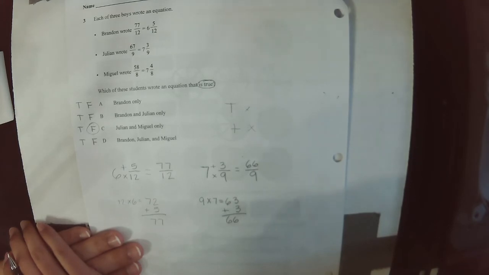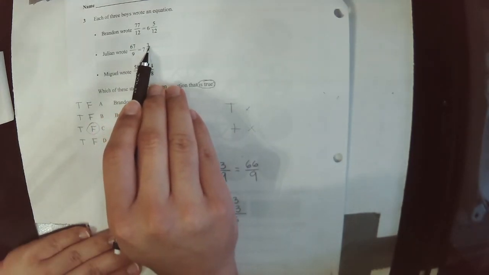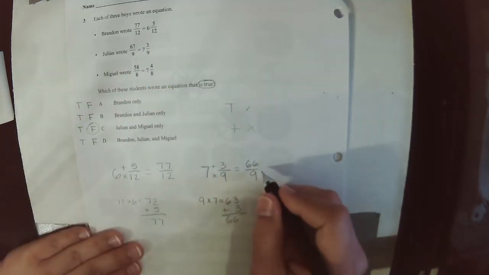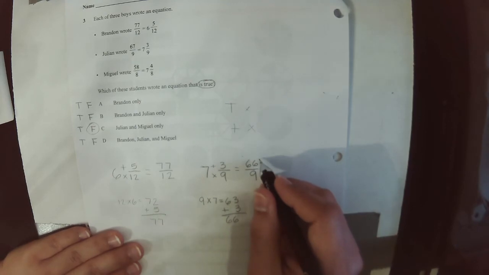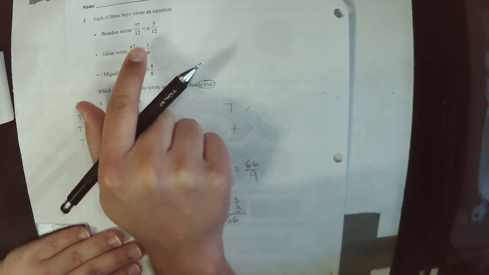Okay, let's see if Julian was right. 67 out of 9 equals 7 and 3 out of 9. We did not get 67. We got 66. So Julian doesn't have his numbers right.